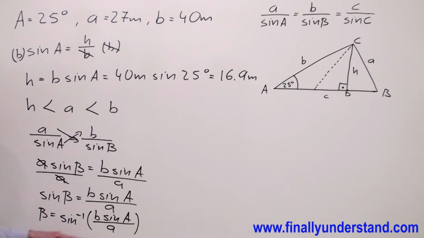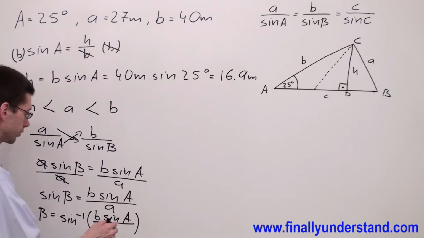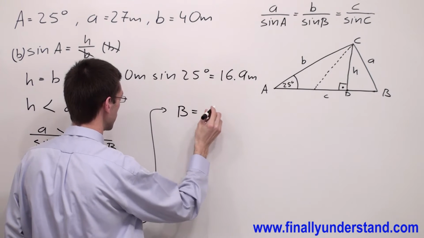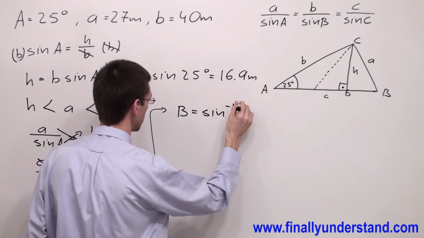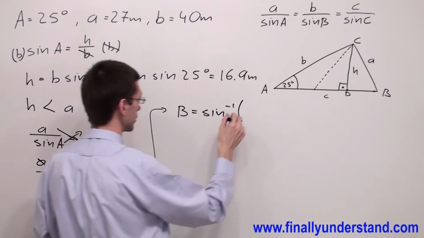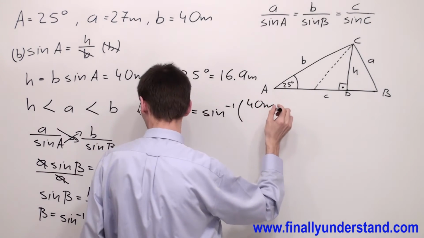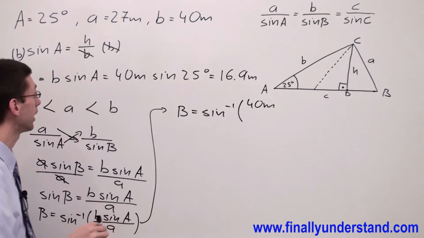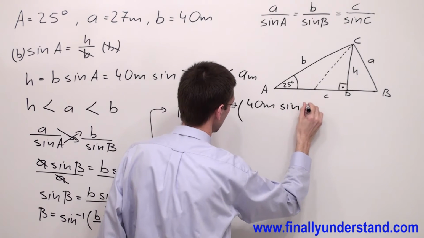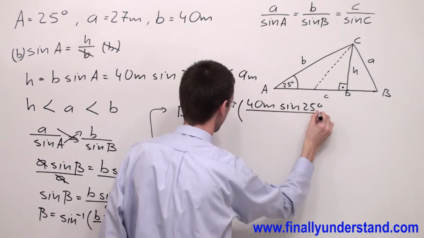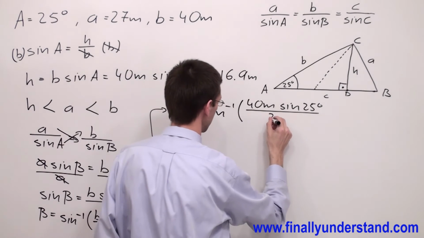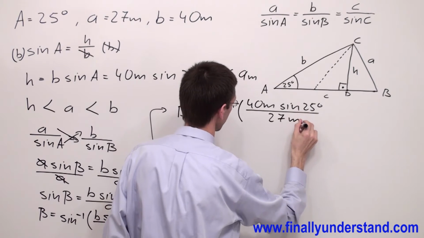Next, we're supposed to plug the numbers into the formula. So I have angle B is equal to inverse sine, and I have B equals 40 meters, and I have sine of angle A, my angle A is equal to 25 degrees, over side A, which is equal to 27 meters.